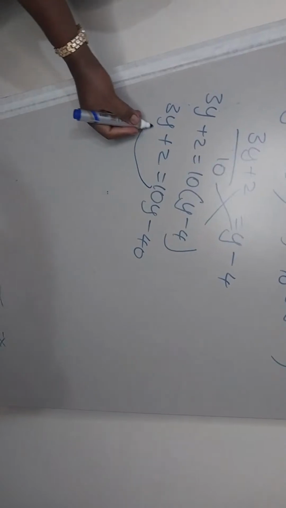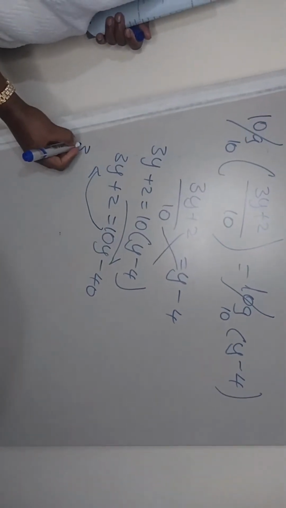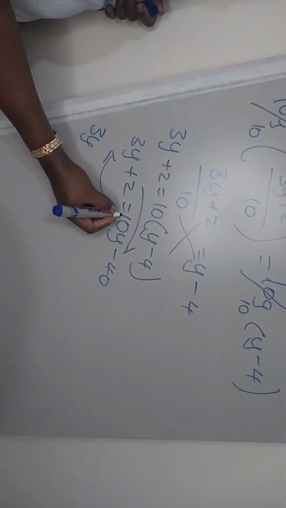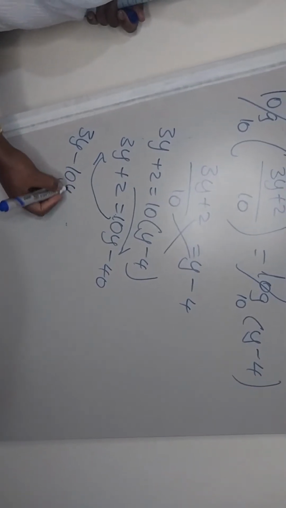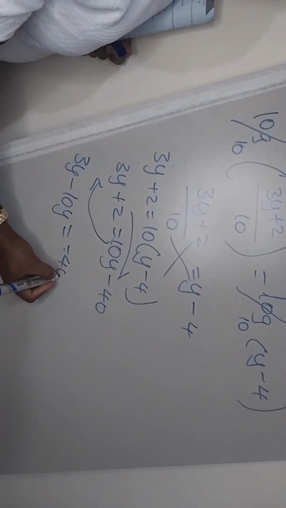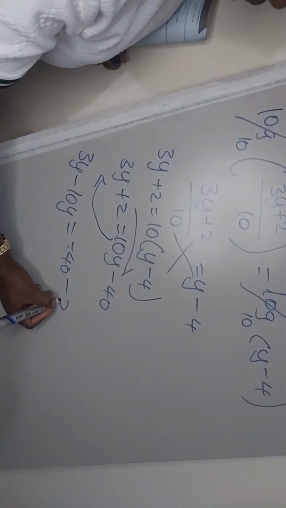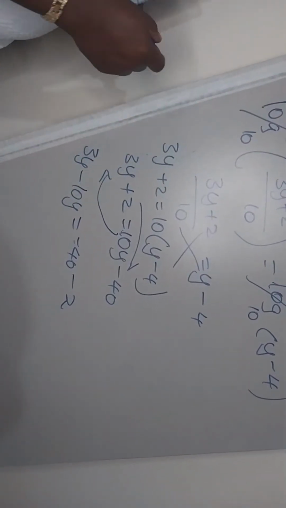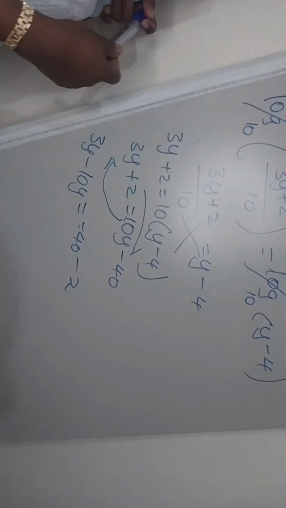By taking this one here and that one on the other side, it will simply be 3y. A number without a sign is a positive number. And once a positive crosses an equal sign it will be negative. Minus 10y is equal to negative 40 plus 2. Once it crosses the equal sign it will be minus 2. 3y plus minus 10y is just like having 3 bob and you owe somebody 10 bob.